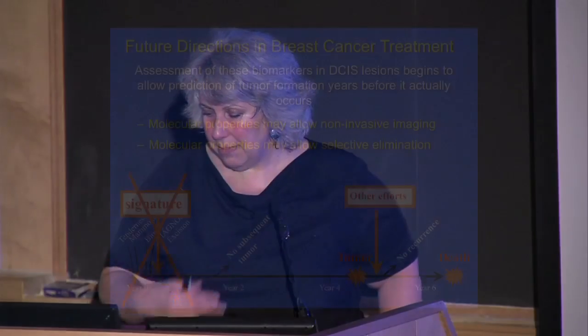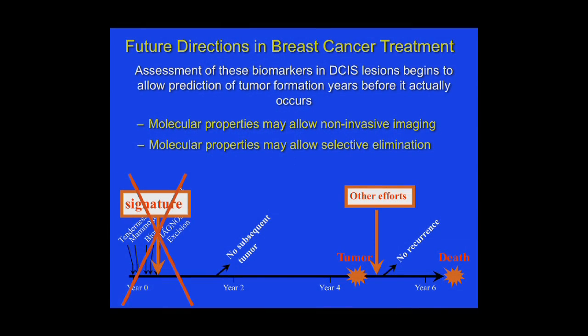In other words, try and design smart probes for non-invasive imaging so you don't have to go in with a knife before you can make these determinations. And it may allow us to identify targets of vulnerability so that we can selectively eliminate these cells and prevent the cancer altogether. That's the hope.